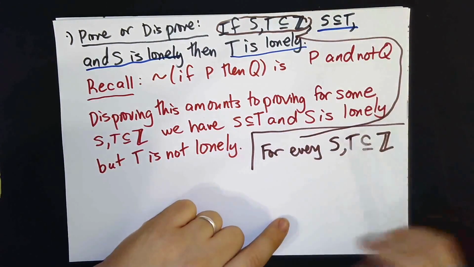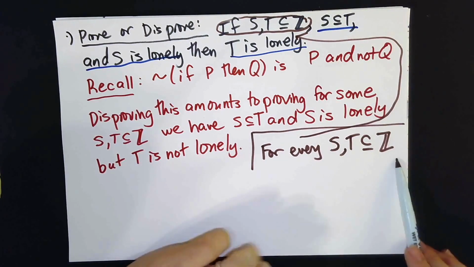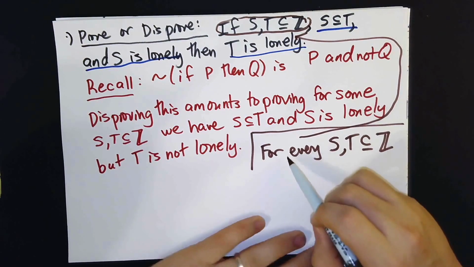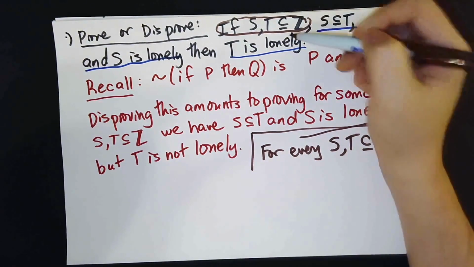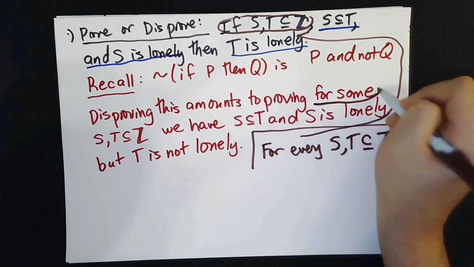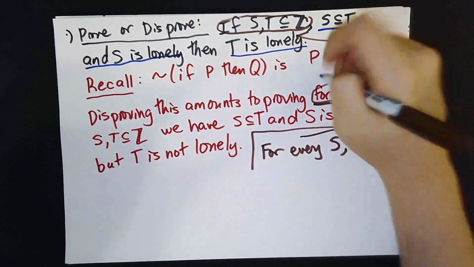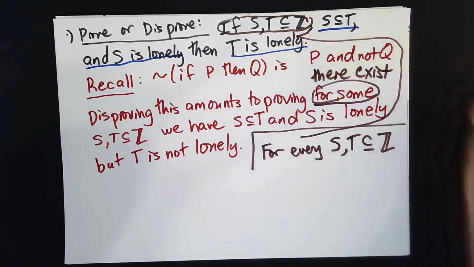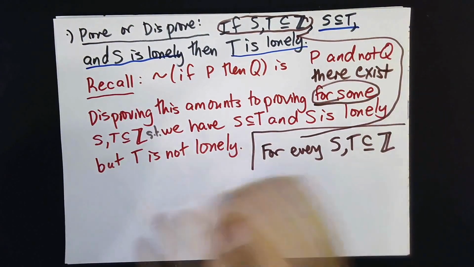It's making a statement about every S and T that are subsets of Z. And so then the negation of that for every is a there exists, which is why I say for some S and T, I'm really just using a synonym of there exists, or there exist, so that we have this.